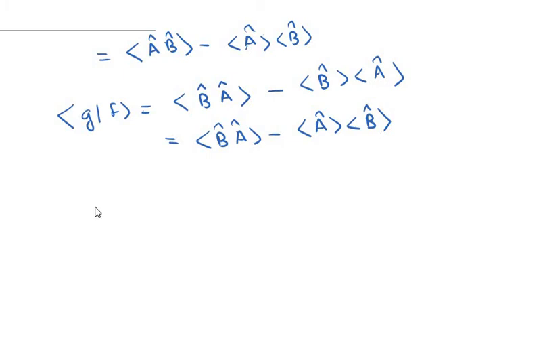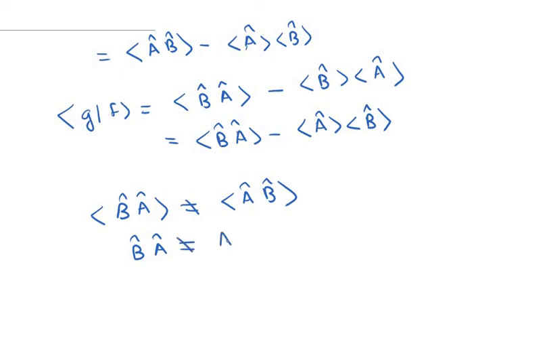Now, the average value of the operator BA is not equal to the average value of the operator AB if the commutator of A and B is not equal to 0.